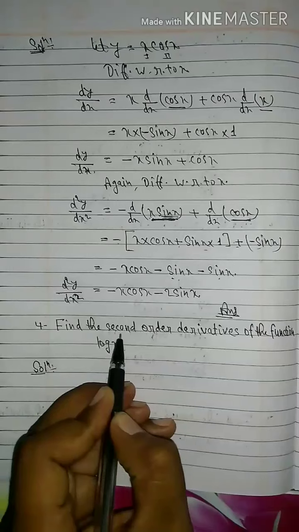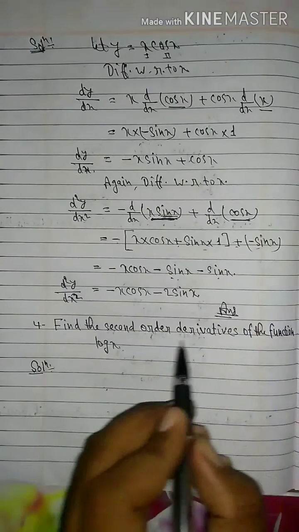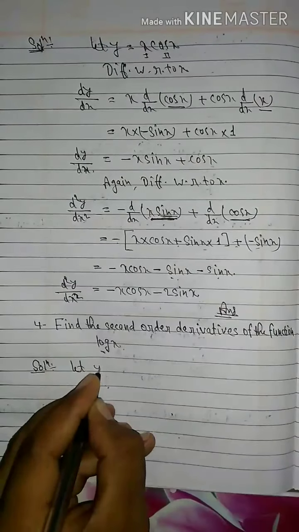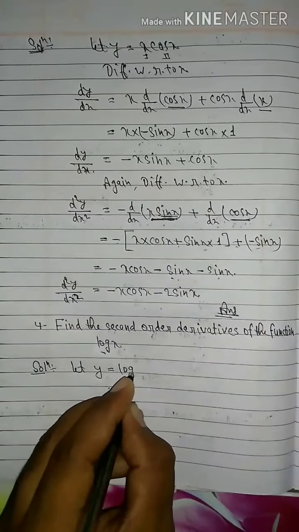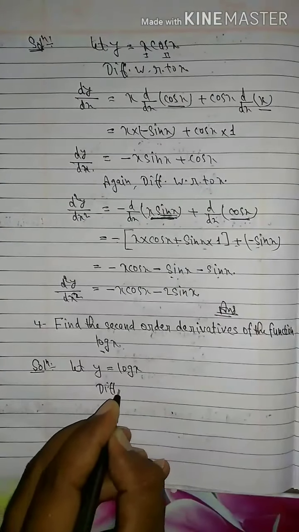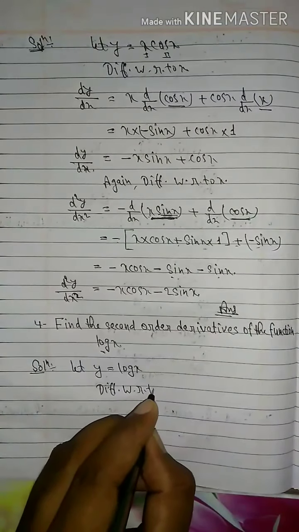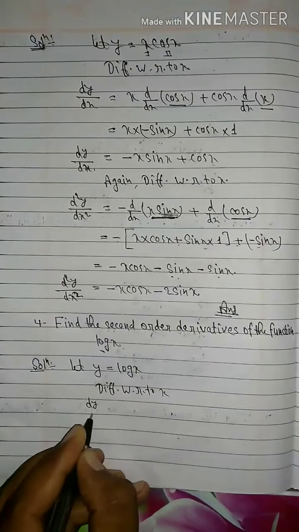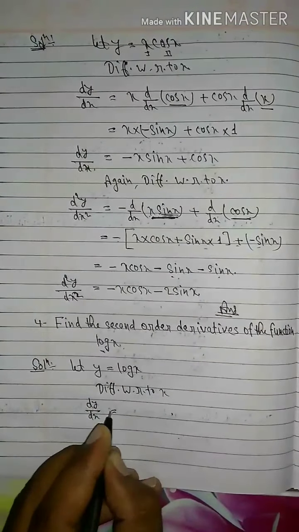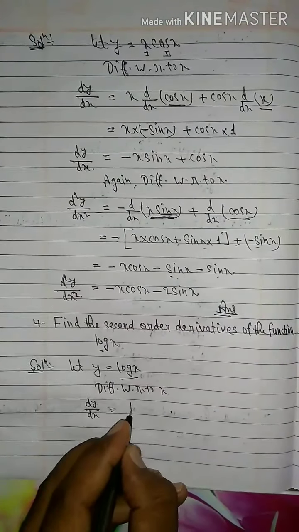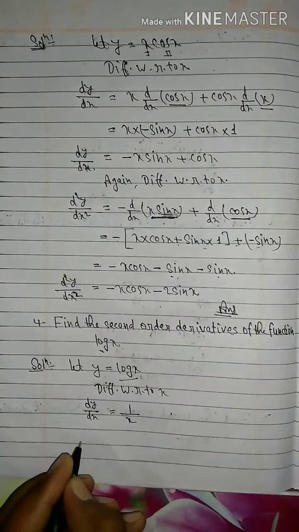Next question, find the second order derivative of the function log x. Let y equal to log x. Differentiating with respect to x, dy by dx equals 1 upon x, the direct formula for the derivative of log x.